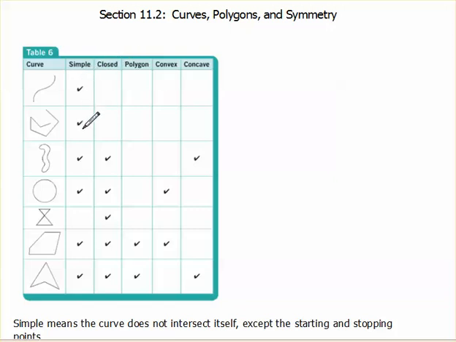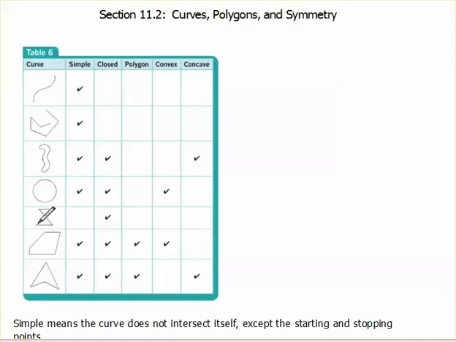If you'll notice, all of these checked here are simple except for this one. So I wonder what makes it different from the others. Well, these others, you can just take your pencil and start drawing them, and you never touch what you've already drawn until you get to this one.